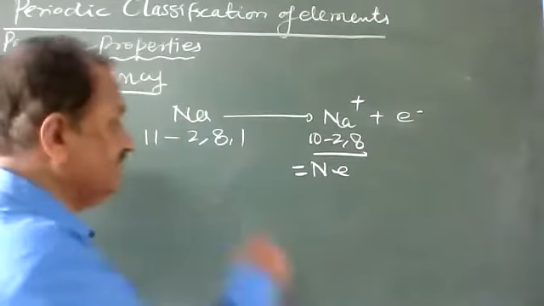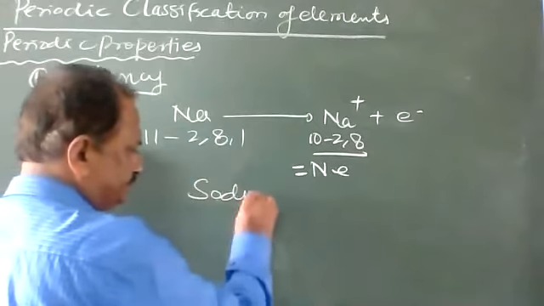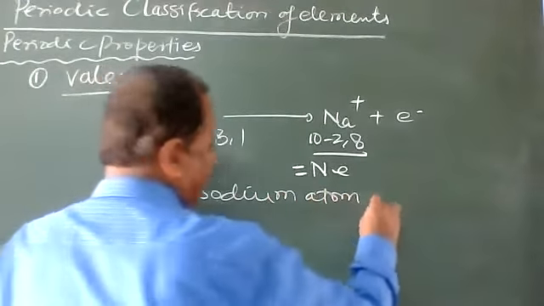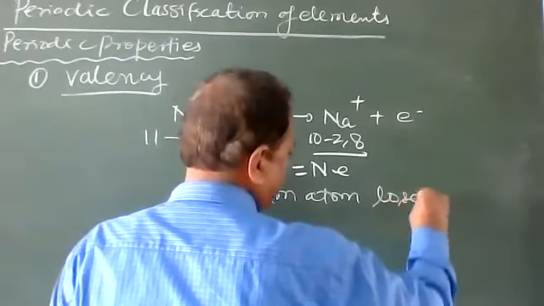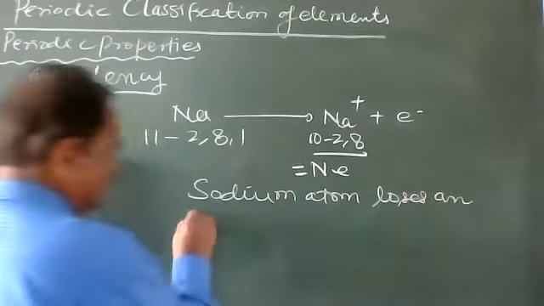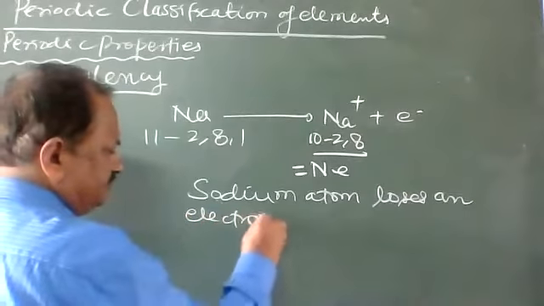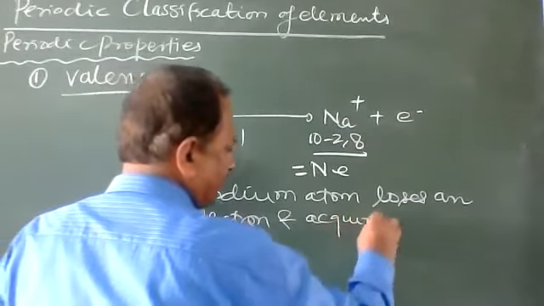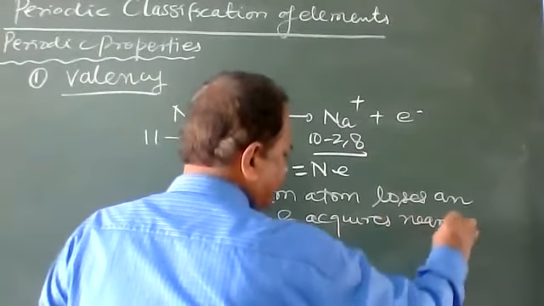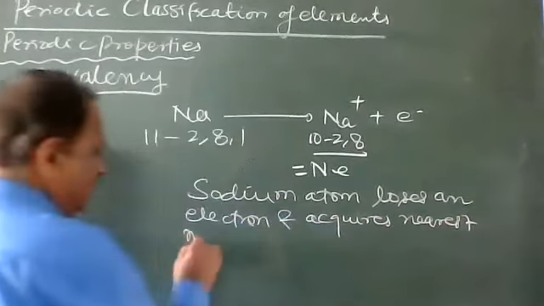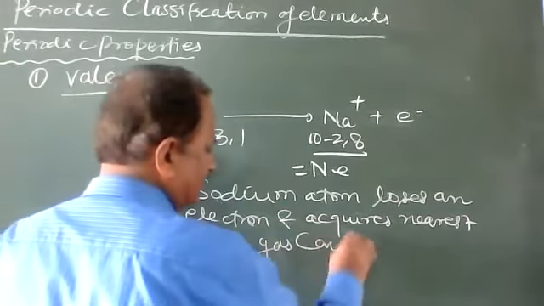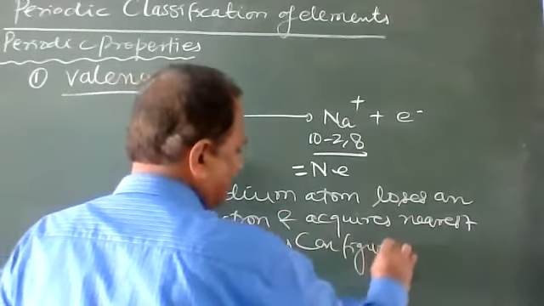We say that the sodium atom loses an electron and acquires the nearest noble gas configuration.